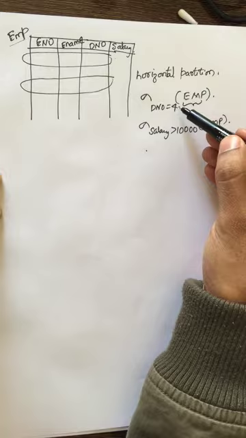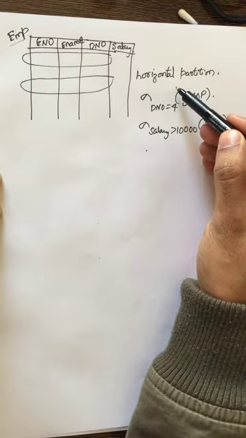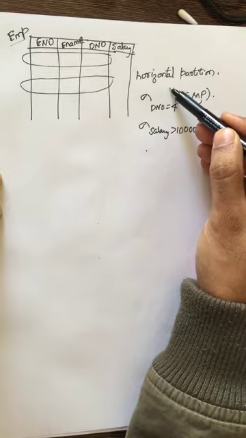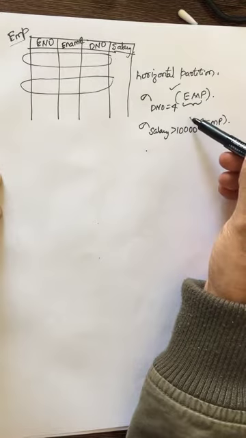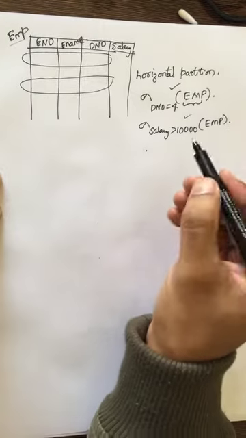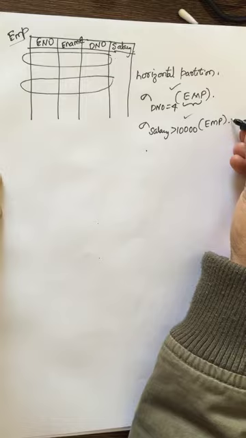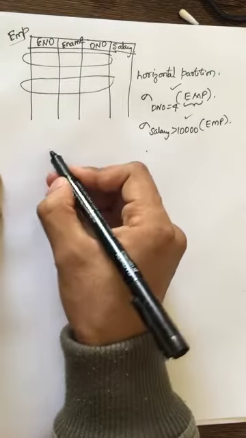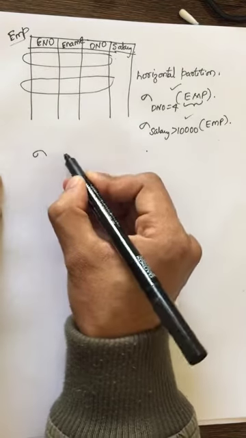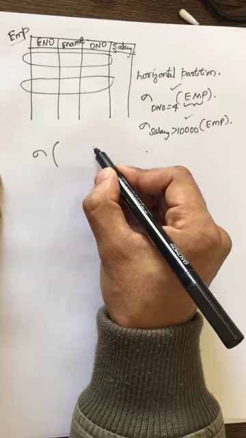Now if you want to know all the employees who are in department number 4 and who have salary greater than 10,000, then you can first apply one selection and get a table, and on that you can apply the other. Let's do it internally.